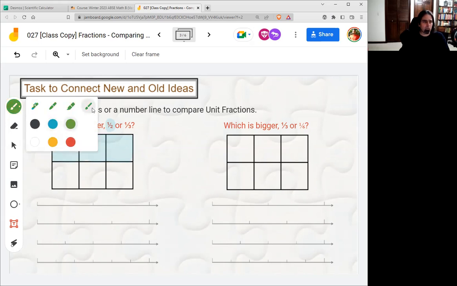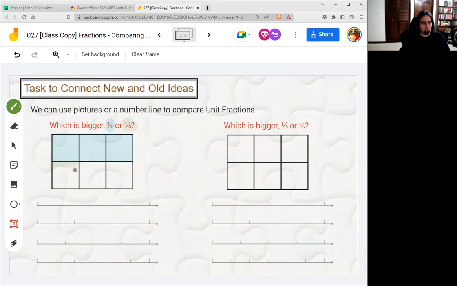How about a third? How do I shade a third of them? You shade 1.